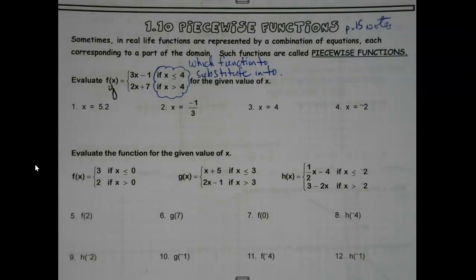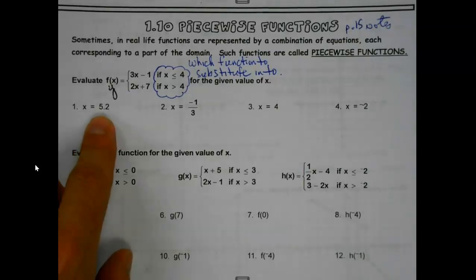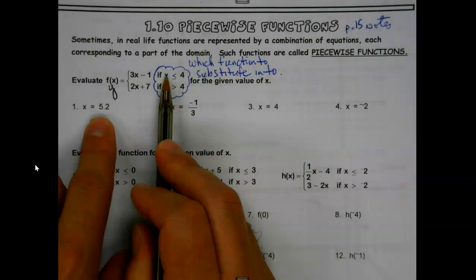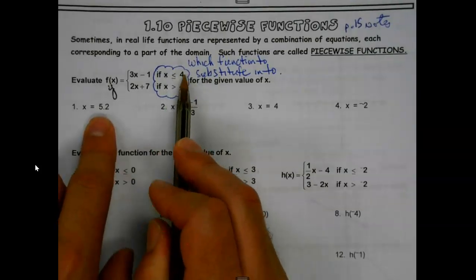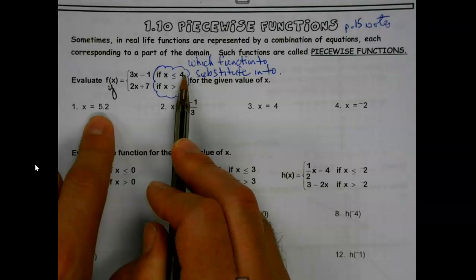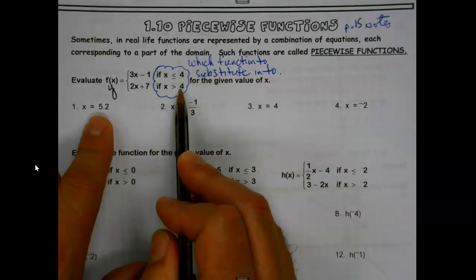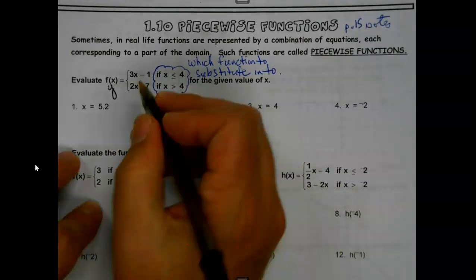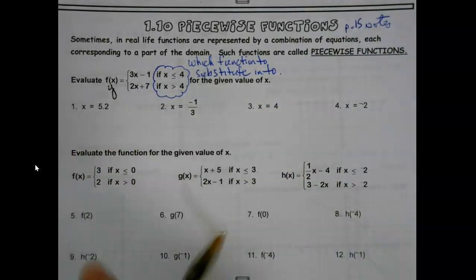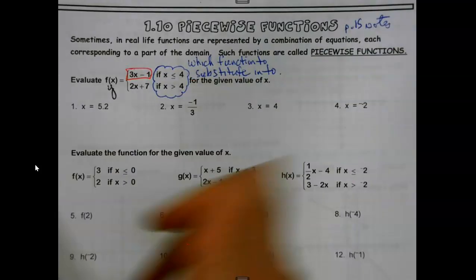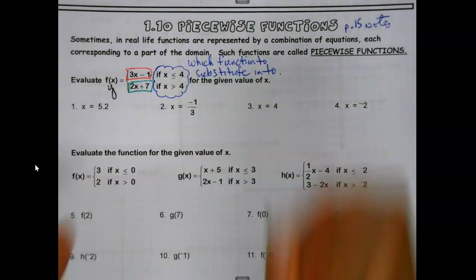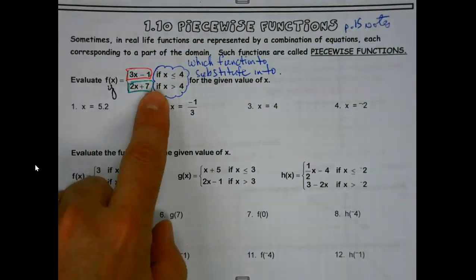So, all we really have to do on these is be like, okay, so 5.2. Well, let's see, is 5.2 less than or equal to 4? No. Is 5.2 greater than 4? Yes. So we're going to take, and I'm going to color code these so we can kind of speak of them as we go, the teal one is true for this one.